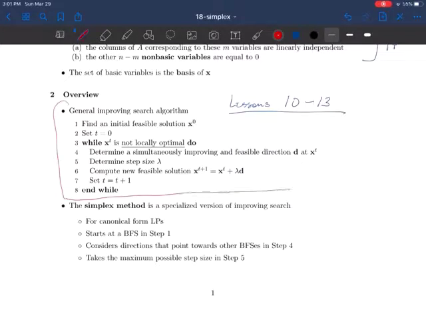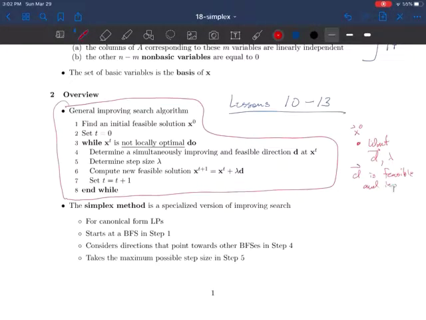The idea so far is that in the general improving search, which is written here, we're at a point x naught, a vector x naught, and we want to find a direction and the step so that the direction is feasible and improving.